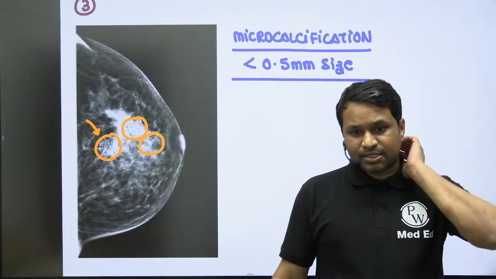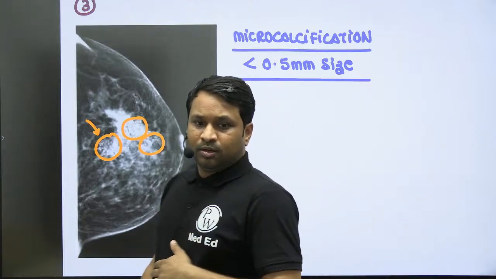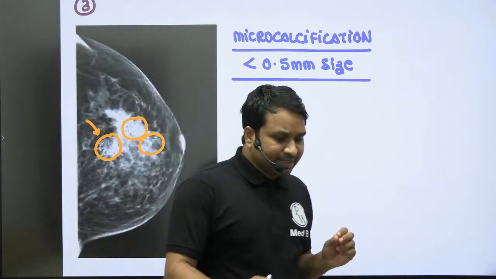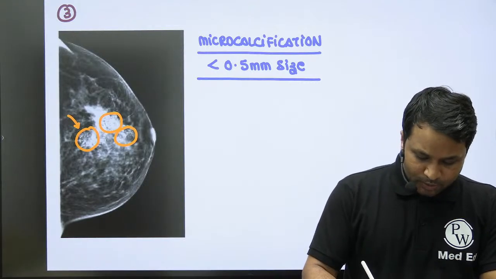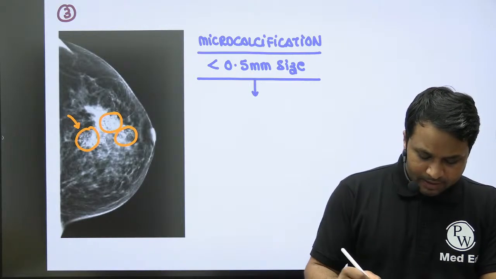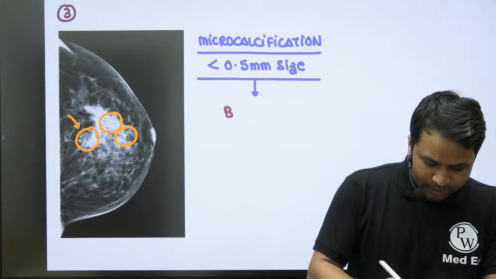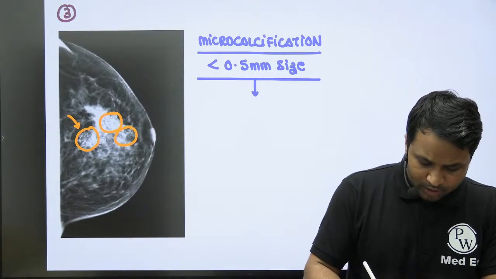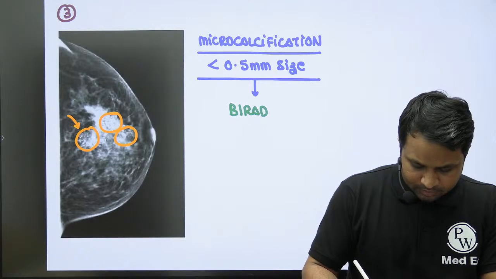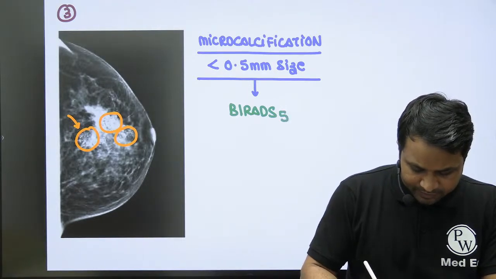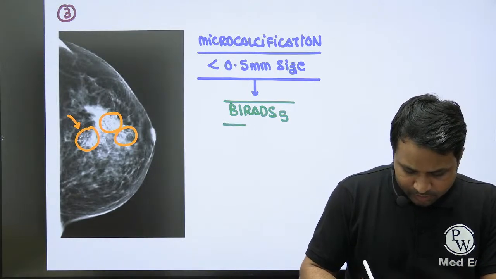So presence of micro calcification less than 0.5 millimeters in size points towards malignancy, right? Again, when your radiologist reports, they will report with BIRADS category 5.